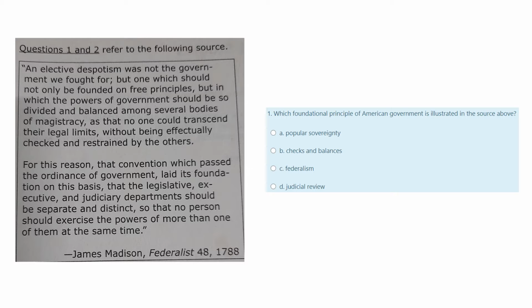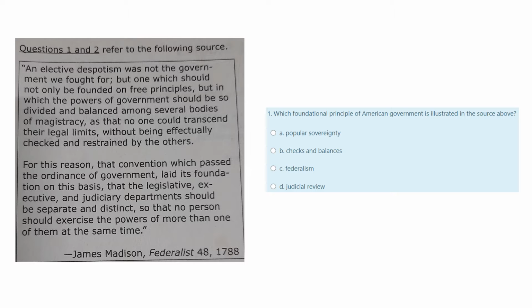So states have some power over things, the national government have power over different things, and there are some things that both the federal and the state control together. Judicial review is where the court can check the laws and the executive orders made by the president and decide whether they are legal or illegal. The judiciary, the judges, can review the law.